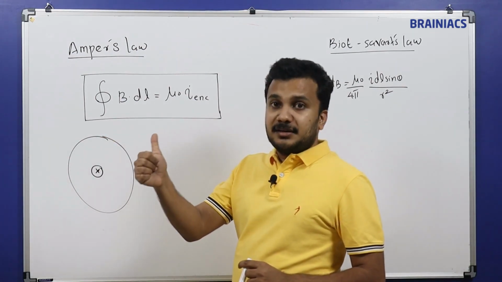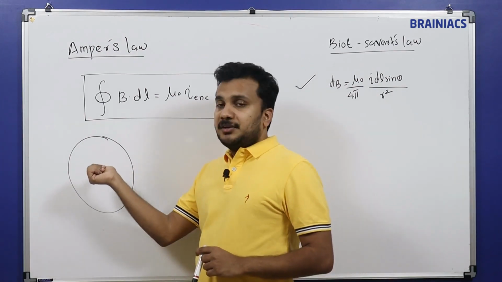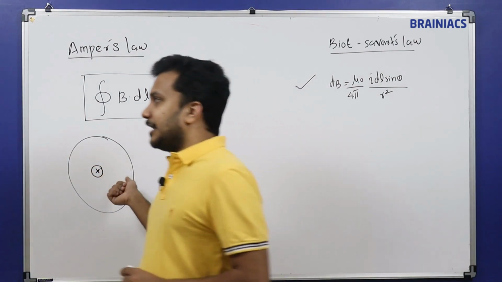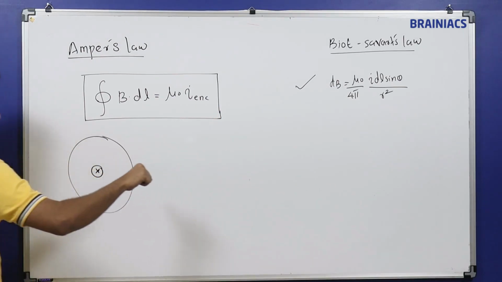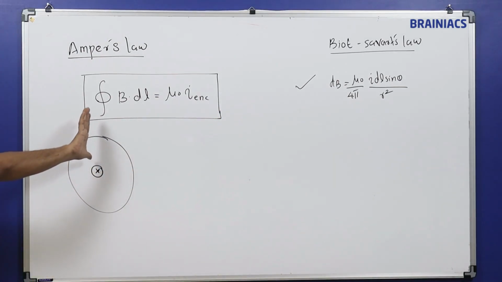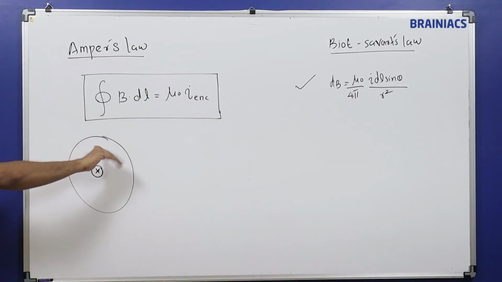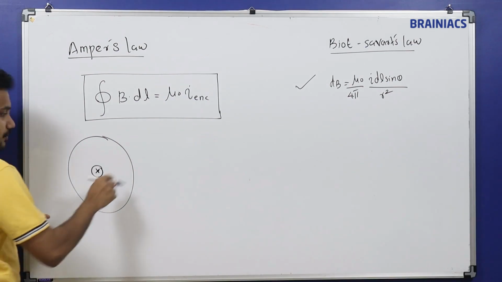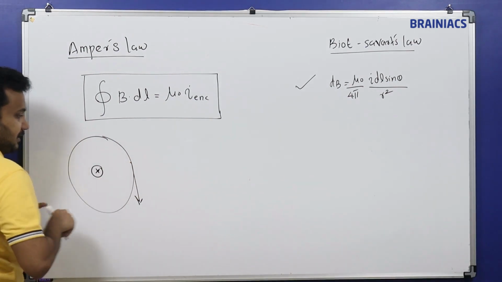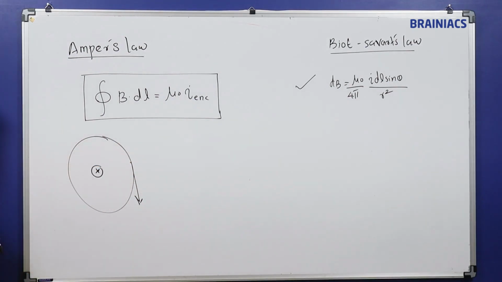Using the right hand thumb rule. The thumb is pointing into the board, and my other four curling fingers are rotating like this. So with respect to this point, the magnetic field is like this, and at the bottom point, the magnetic field is like this.